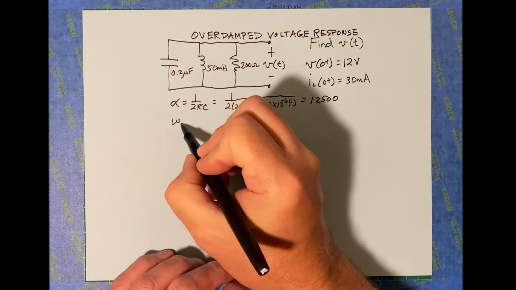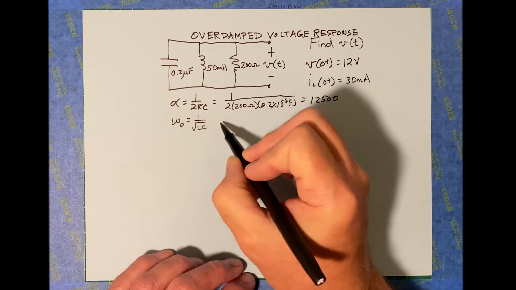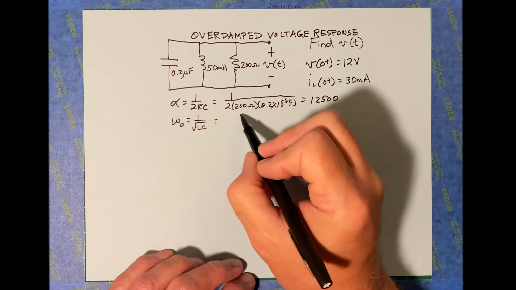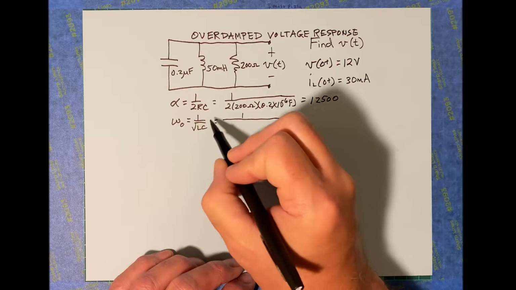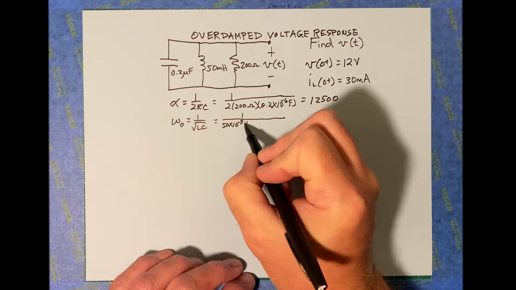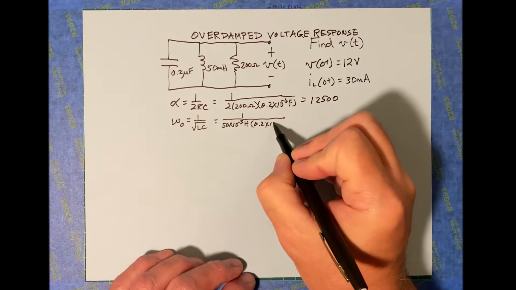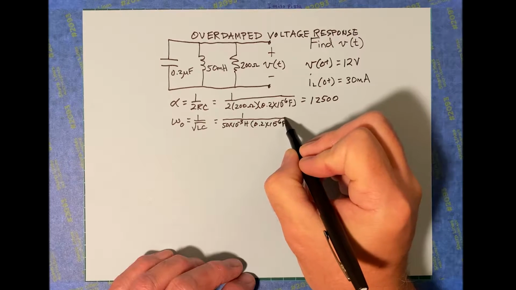Now let's compute omega naught. Omega naught is 1 over the square root of LC, and that is 1 over the square root of L, which is 50 times 10 to the negative 3 henry, times C, 0.2 times 10 to the negative 6 farad.